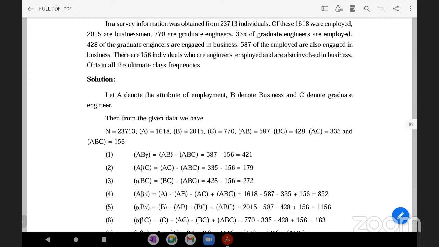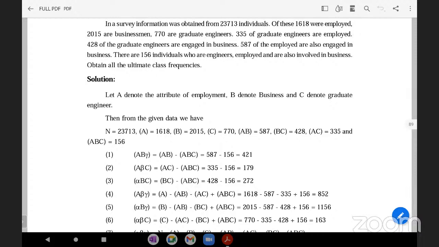Next, capital N equal to 23713 and A equal to 1618 and B equal to 2015, C equal to 770, AB equal to 587 and BC equal to 428 and AC equal to 335 and ABC equal to 156. AB gamma equal to AB minus ABC, so 587 minus 156 equal to 421.